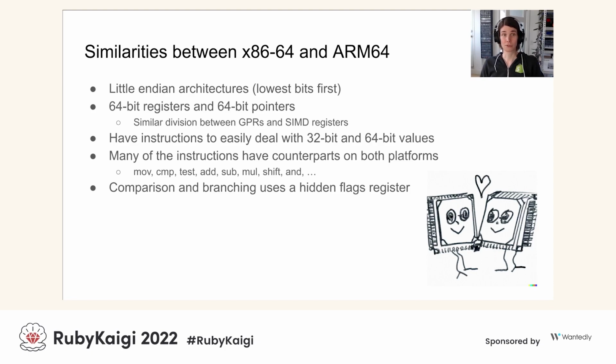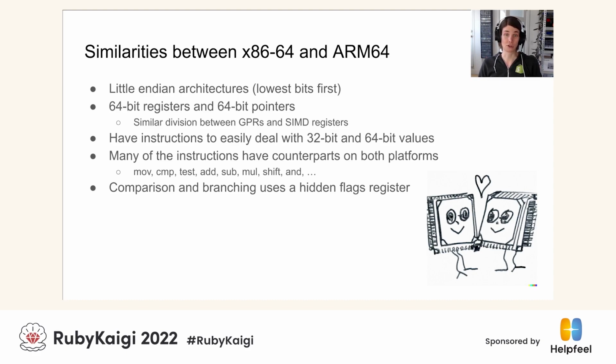There are a number of similarities between x86-64 and ARM64. Both platforms are little endian architectures that store the lowest bits first. Both platforms are 64-bit, so they use 64-bit registers and 64-bit pointers. They have a similar division between general purpose registers and SIMD registers.